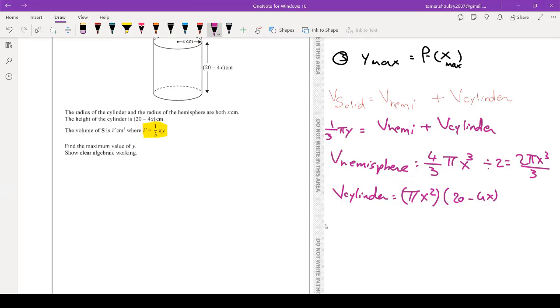Now we substitute these values in the equation, let's say it's equation 1. We substitute in equation 1 the volumes of the cylinder and hemisphere. We get 2 pi x cubed over 3 plus pi x squared multiplied by 20 minus 4x.